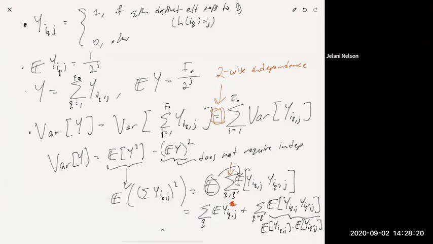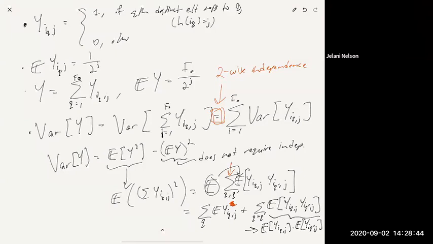So the point is, I would like to say that the expectation of the product is the product of the expectations. That's only true if these two random variables are independent of each other. But that's exactly what pairwise independence says, two-wise independence. If you look at two random variables at a time, those two look like they're independent.